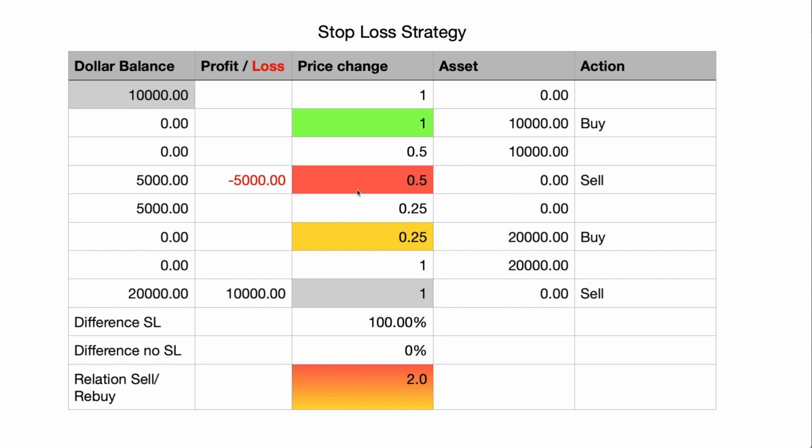Let us say you have $10,000 you invest, let's say in XRP. Early 2018 you paid $1. So you buy for $10,000 at $1 and you receive 10,000 XRP.